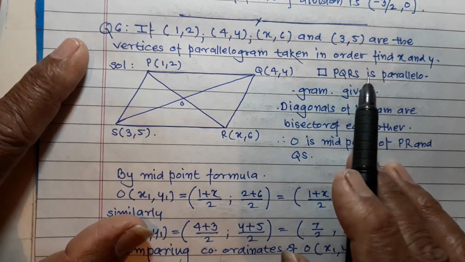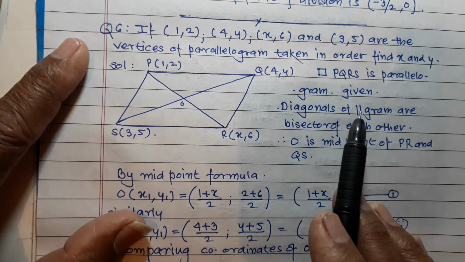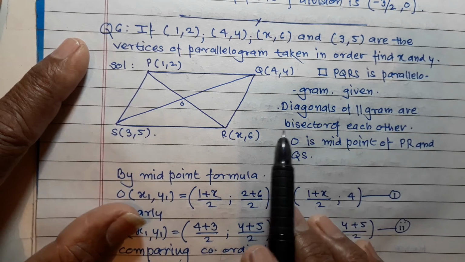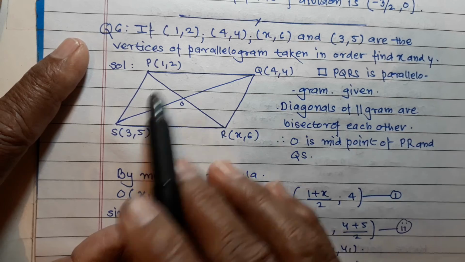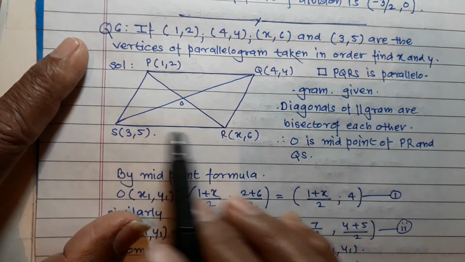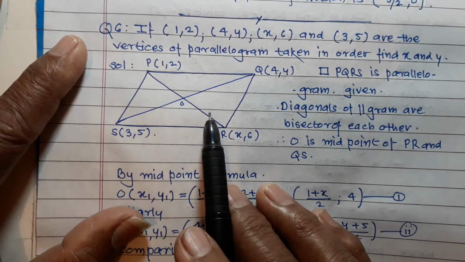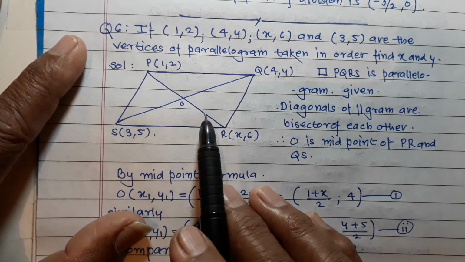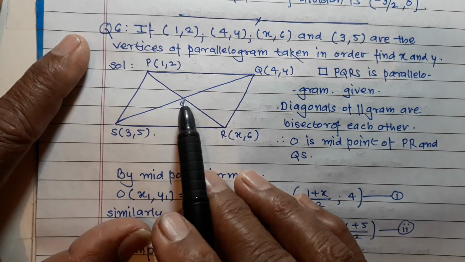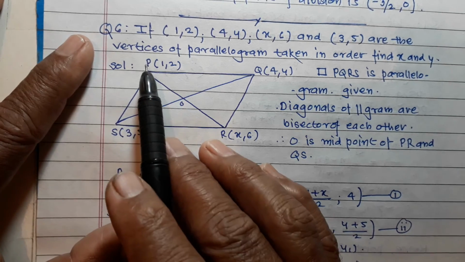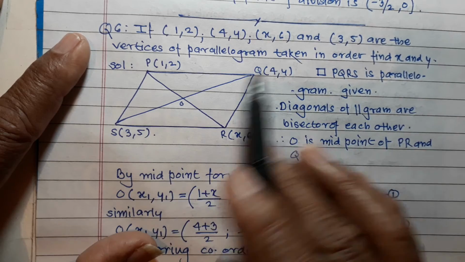So quadrilateral PQRS is a parallelogram, and therefore the diagonals of a parallelogram bisect each other. You know this property. This is a diagonal, this is a diagonal, and these diagonals bisect each other. This part and this part are equal, and that means O is the midpoint of PR and O is the midpoint of QS.